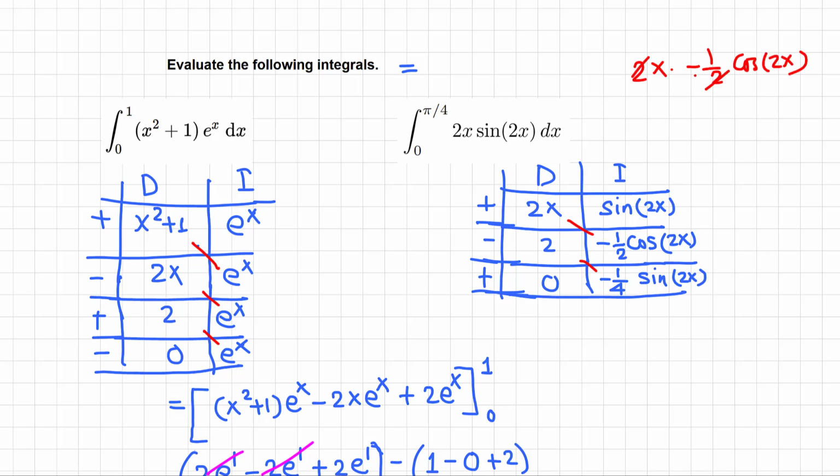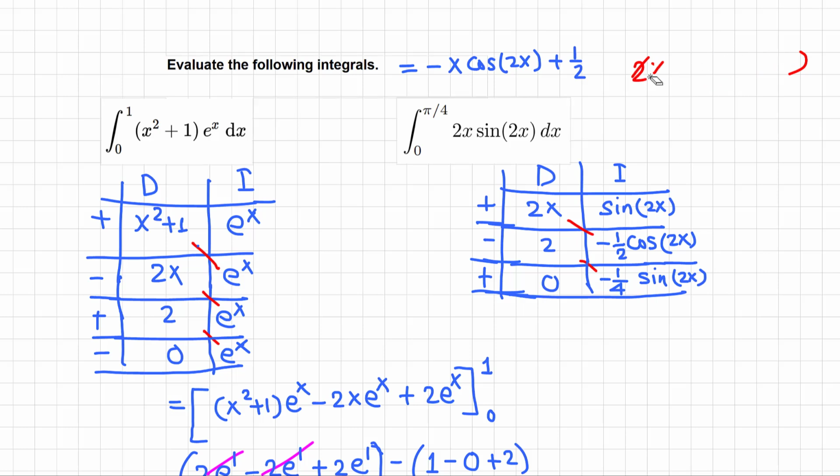We can simplify that: the 2 and 2 cancel. So negative x cosine 2x. Minus 2 times negative 1/4: negative, negative, positive. 2 times 1/4 is positive 1/2 sine 2x.